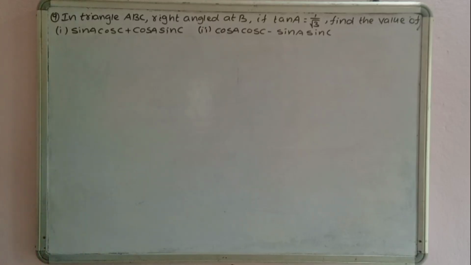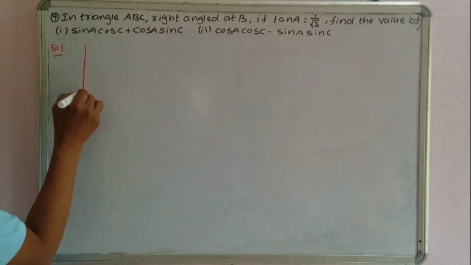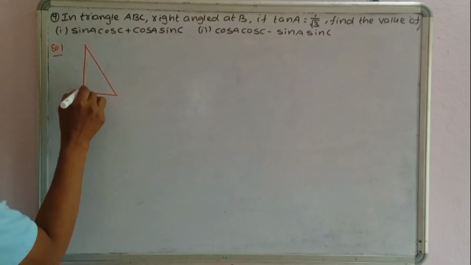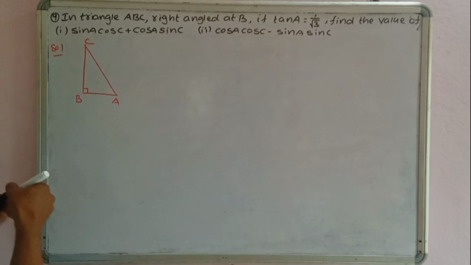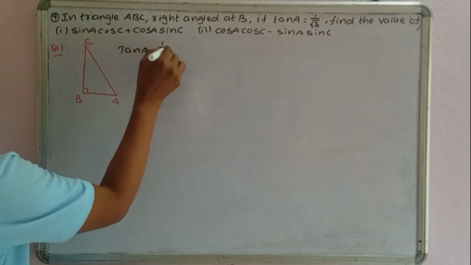Okay. See, in triangle ABC, right angle at B. So B is the right angle. Okay, so tan A is given. What is the value of tan A? Tan A equals 1 over root 3.